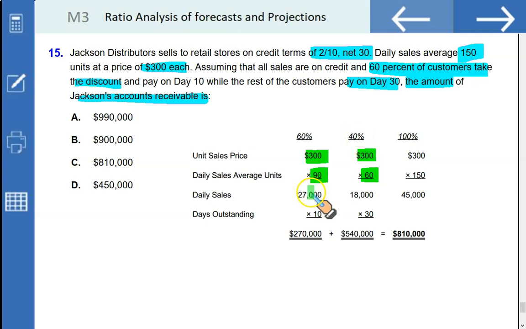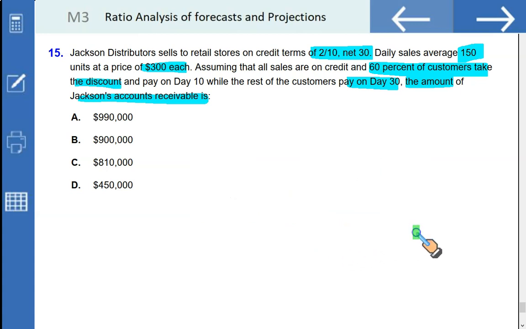So our daily sales to those customers who pay us in the discount period is $27,000, and to those who pay us after the discount period is $18,000, right? The $27,000 sales remains outstanding for 10 days, which gives $270,000, and the $18,000 sales to those customers who pay us after the discount period, they pay us on the 30th day. So this amount remains outstanding for 30 days. So what you get is 540,000. Adding these two up will give you the average account receivable. So this was the method given in the suggested solution.